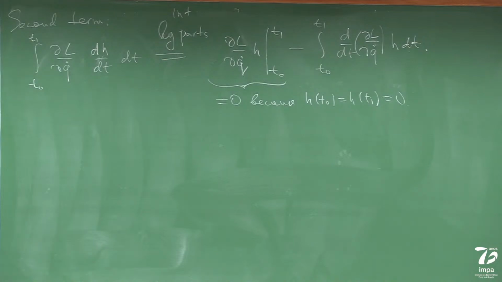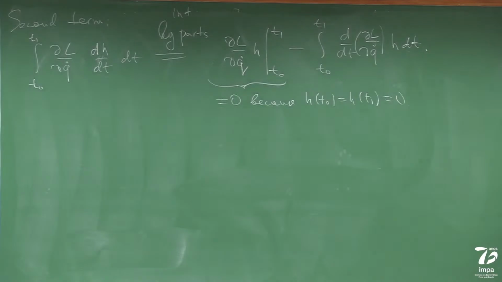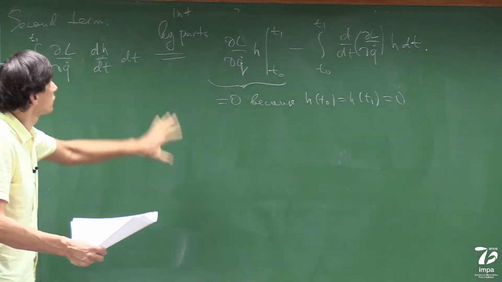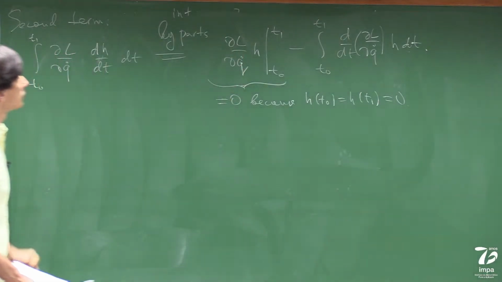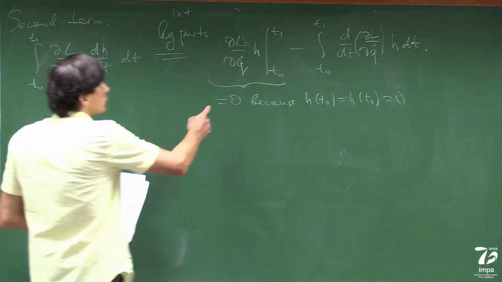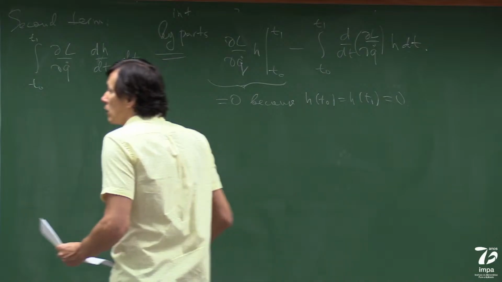So this is where the condition comes from that the points should be fixed, because if we don't fix the endpoints, this doesn't bring you anywhere. Okay, so this is 0. So at the end we have just this part.